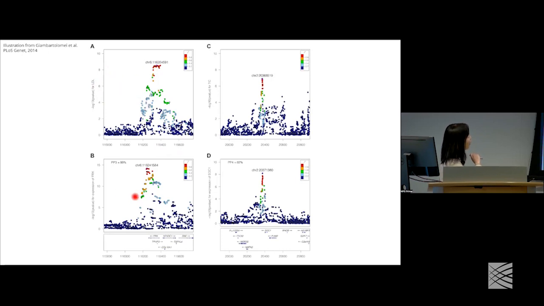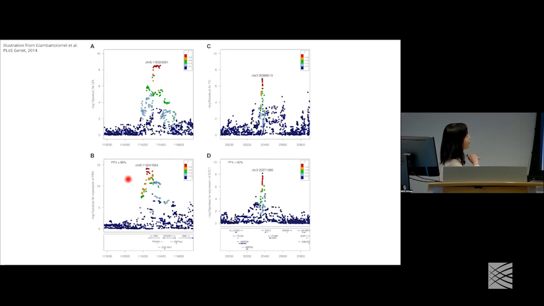And on bottom is a locus plot from an association study for the gene expression level of the FRK gene. So here we associate variants with the LDL phenotype, and here we associate genetic variants with the gene expression levels of FRK.